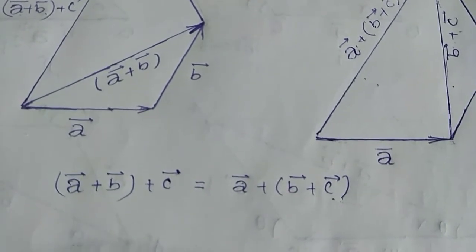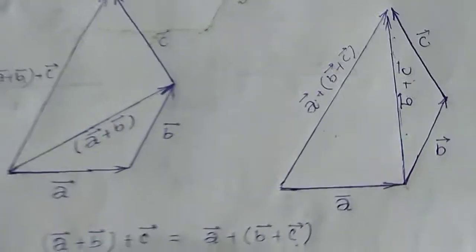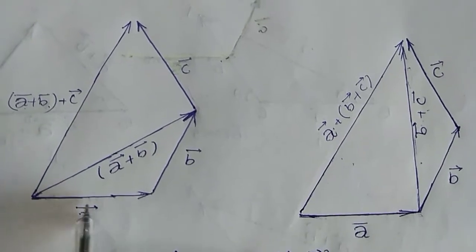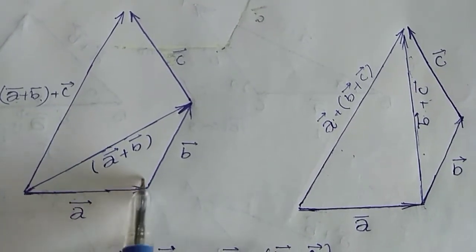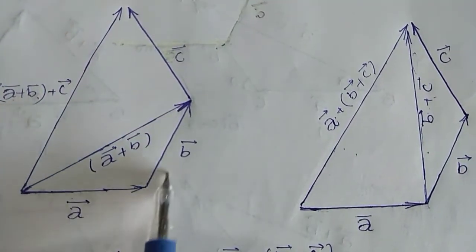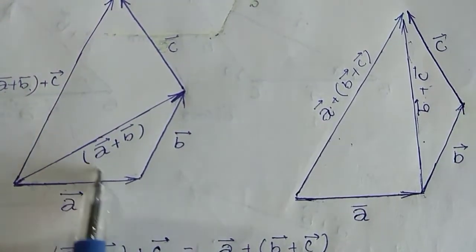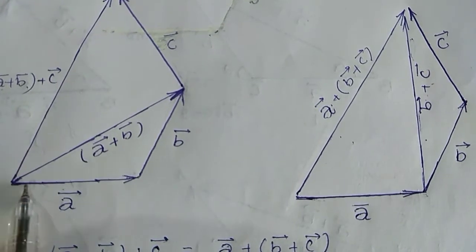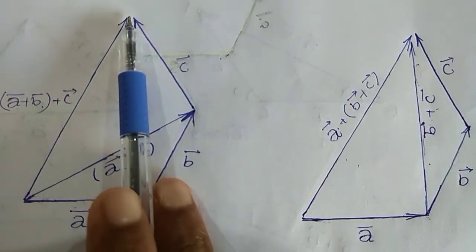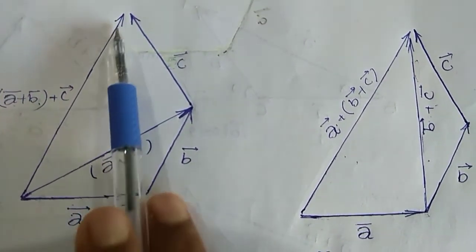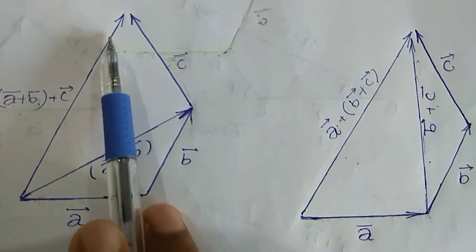Actually, it is also known as the polygon law of vector addition, because if I draw the three sides of a tetragon, the resultant is given by the fourth side taken in reverse order.